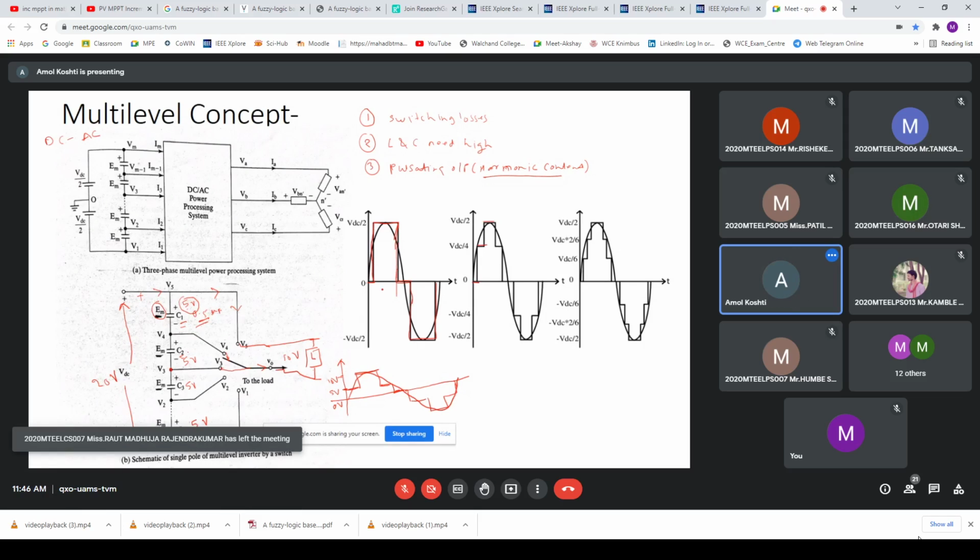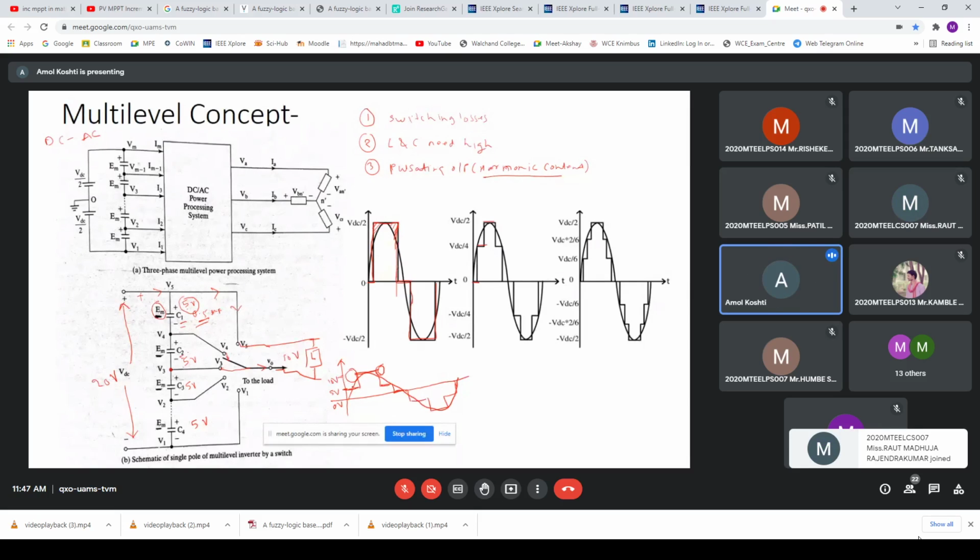Here we had that unwanted part in the two level inverter, but here there is no unwanted part present. So the harmonic contents, the ripples or the pulsating nature of the output is reduced, and we easily get a pure sinusoidal waveform even without filtering.